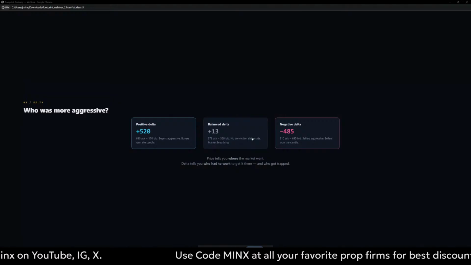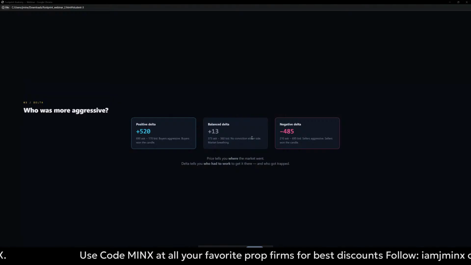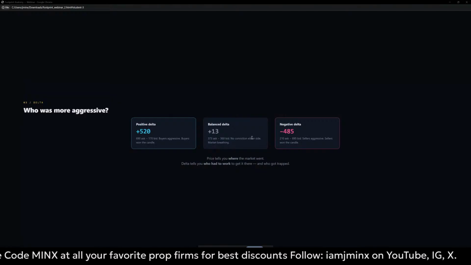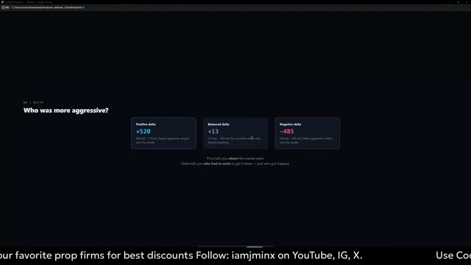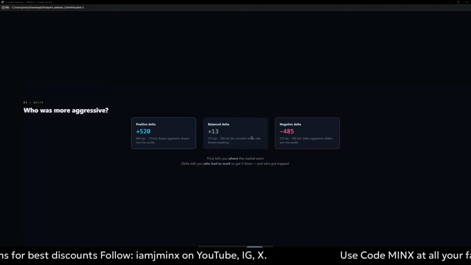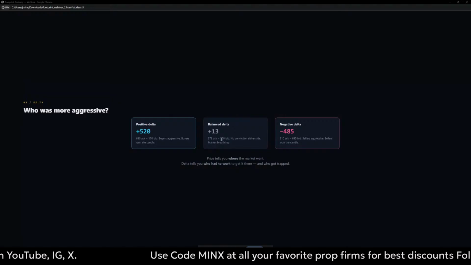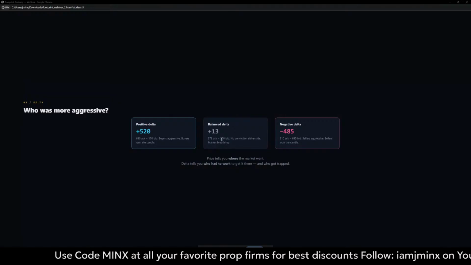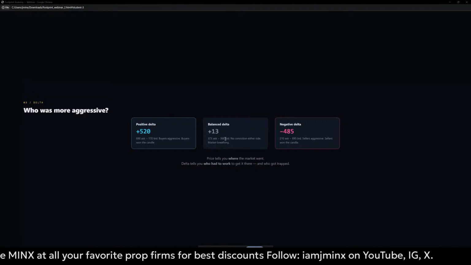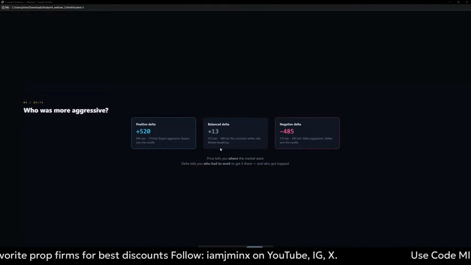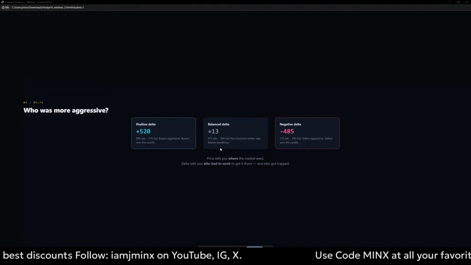Order flow footprint has to have delta. I've actually seen people talk about order flow footprint using a regular candle, and what the hell? That is not order flow footprint. Apparently ICT is telling people that that's order flow footprint, but that's not true.